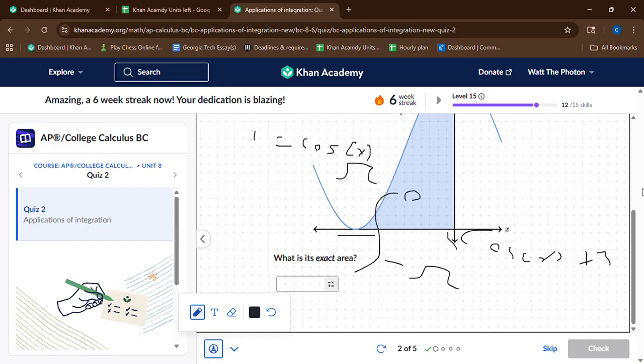The integral of 3 is 3x plus c. The integral of 3 cosine x is 3 times the integral of cosine, which is sine x, from negative pi to 0.